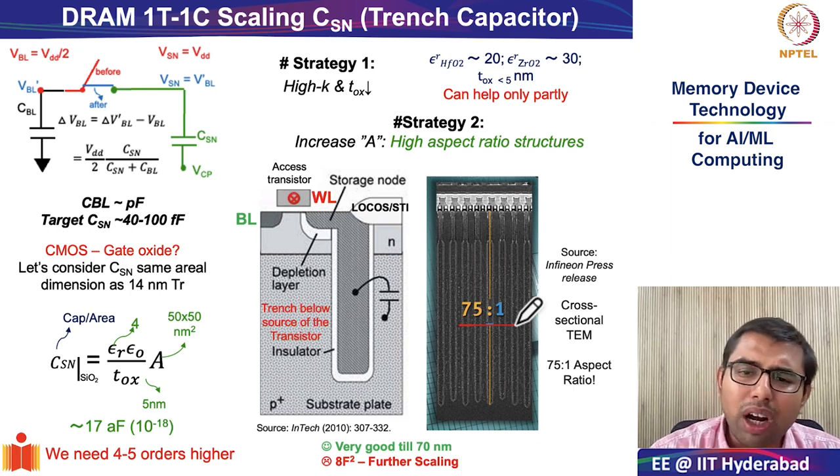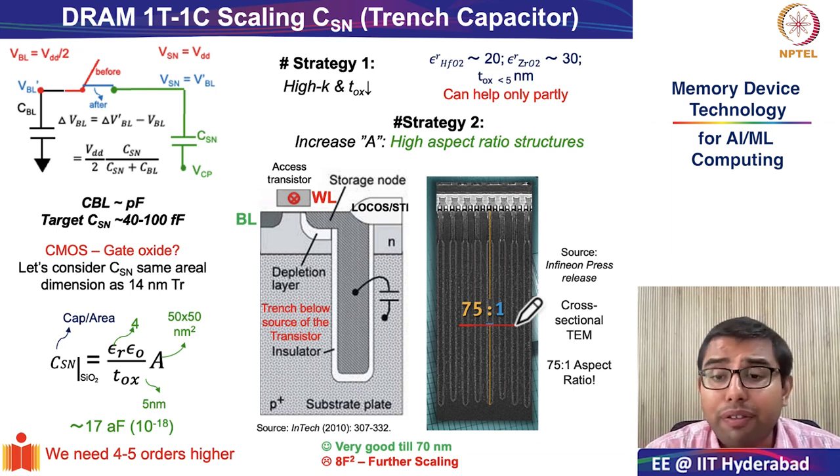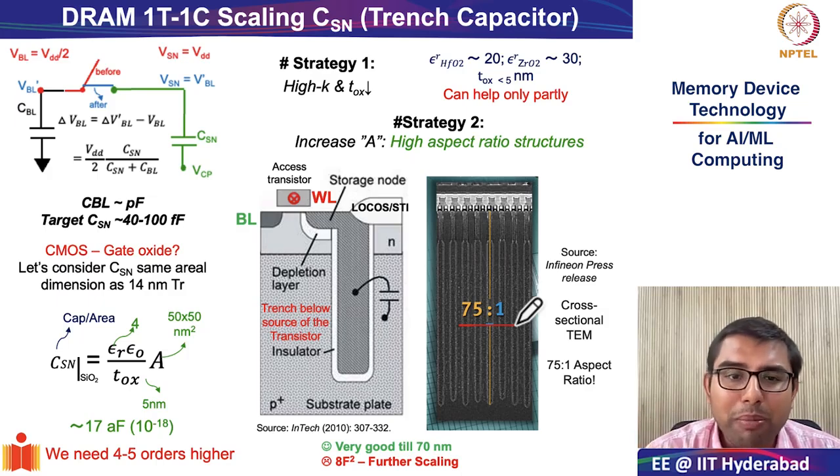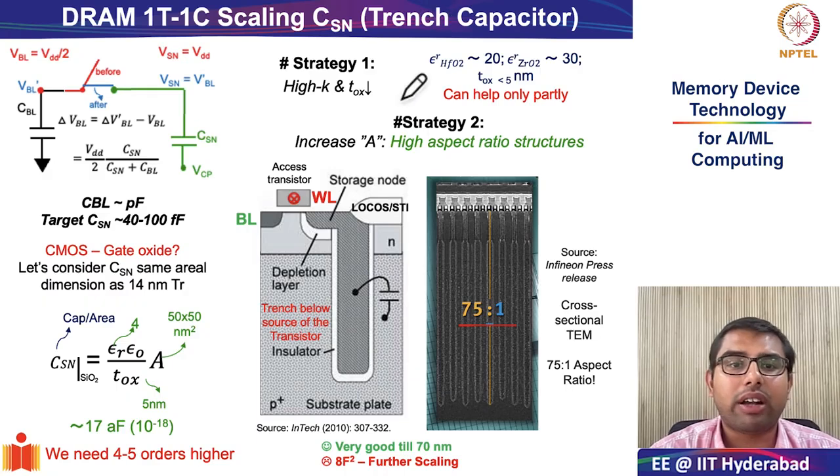Now, this is a very wonderful technology, but there are several challenges with scaling the trench capacitor model. First, remember, the normalized feature size for the trench capacitor technology is 8f squared. It is not 6f squared.